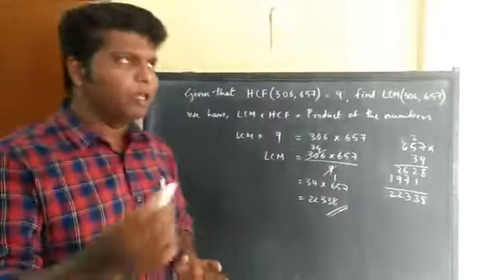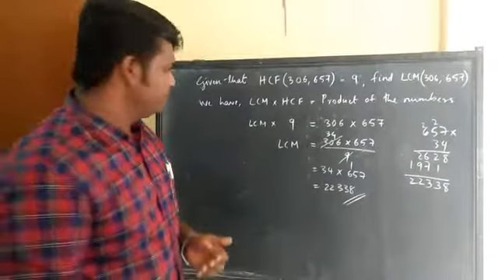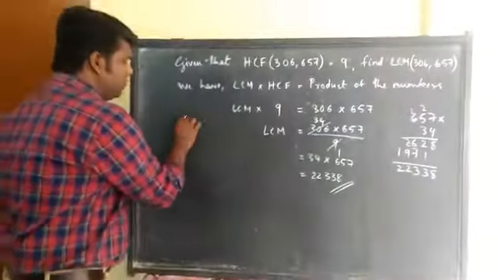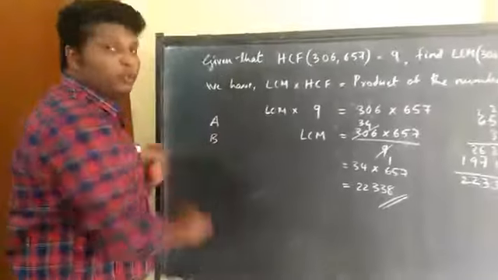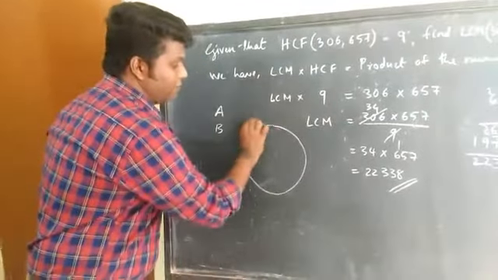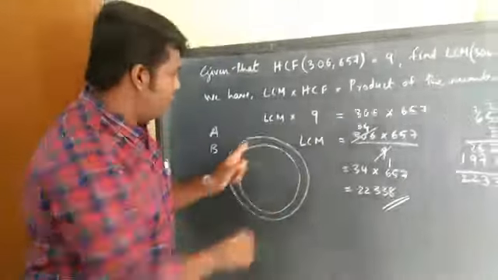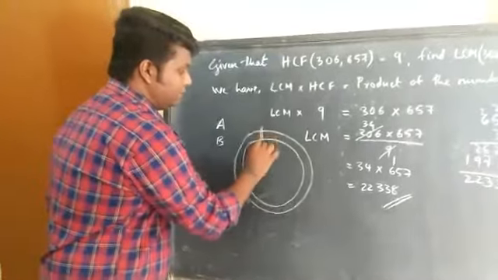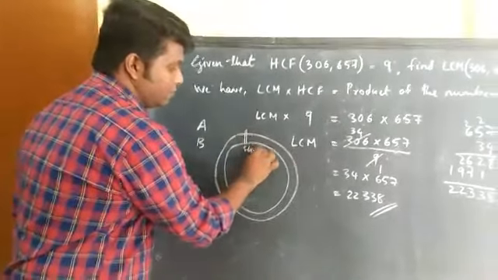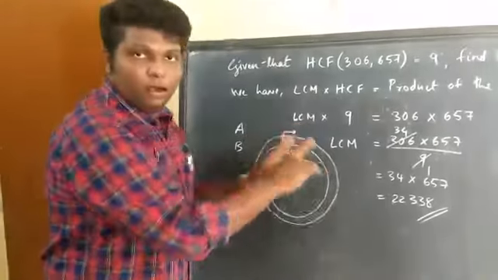And now I am coming to a word problem. I am just giving you an example of a word problem. Suppose two students, A and B, are running around a circular path. Imagine that this is a school ground and this is the starting point. From here, both of them are going to run.